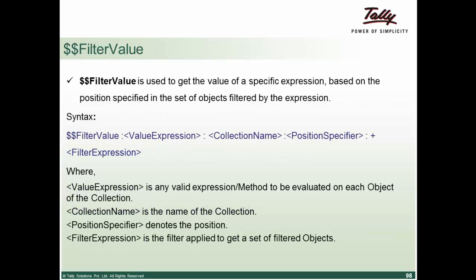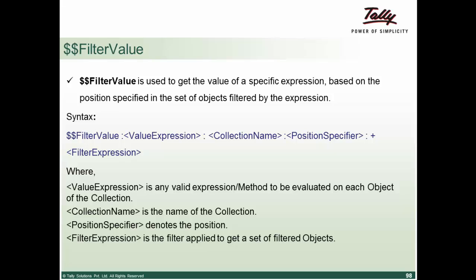Then we have filter value. This function returns a value based on the position number specified and the condition specified. So the syntax goes as $filter value expression, collection name, position specifier and the filter expression. The filter expression will always be a system formula.